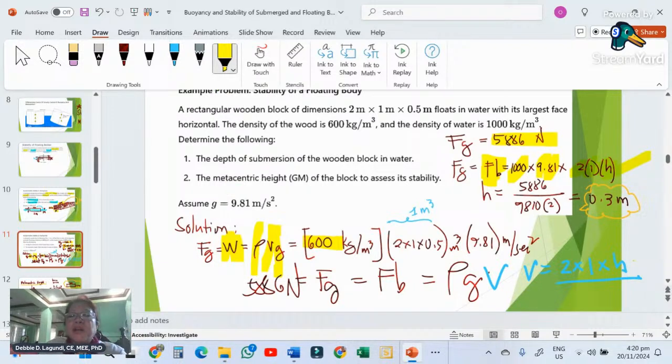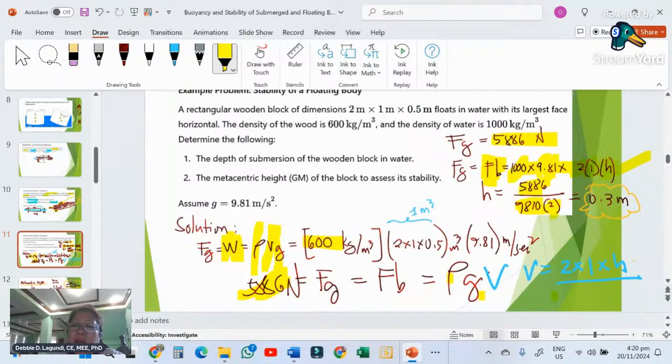So, 5886 is on this side, and then you have the rho and the g with an H. Look at this one: 1000 times 9.81 is 9810. And the 2 will be a denominator. The H will be the unknown here. You have to divide all these quantities; that will be your divisor of the 5886.